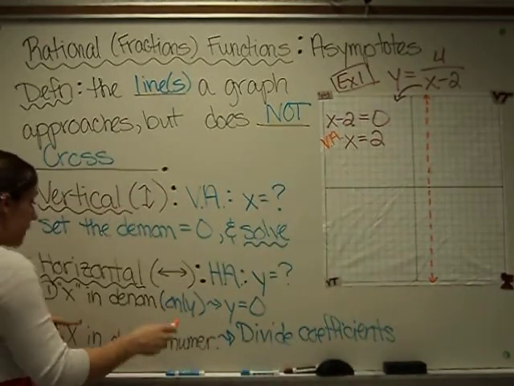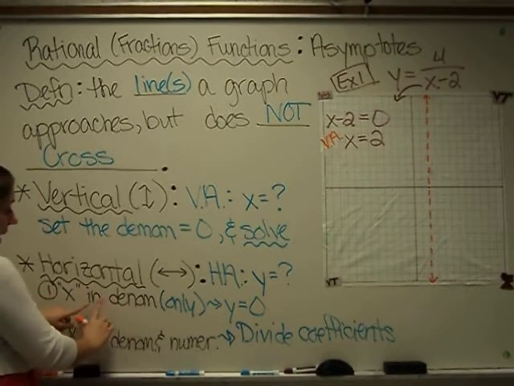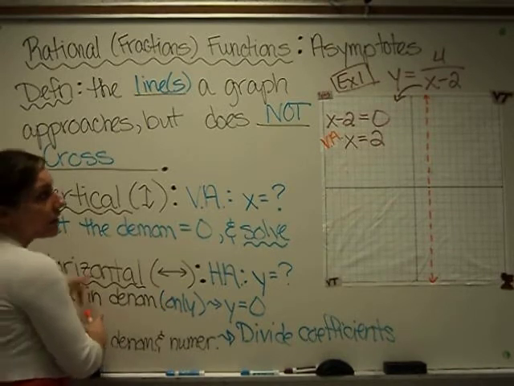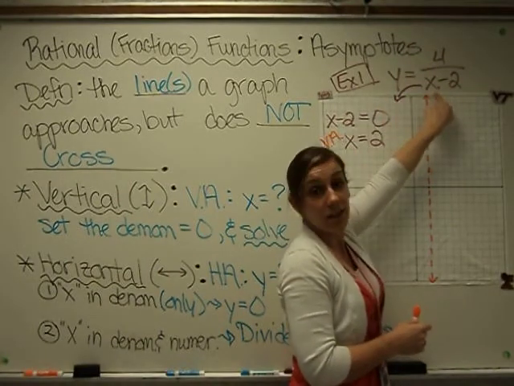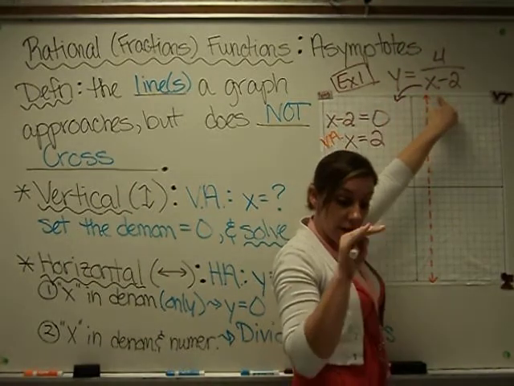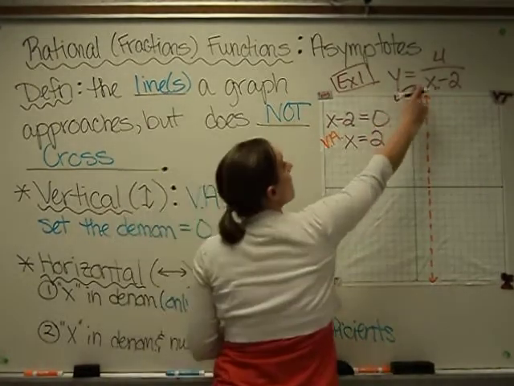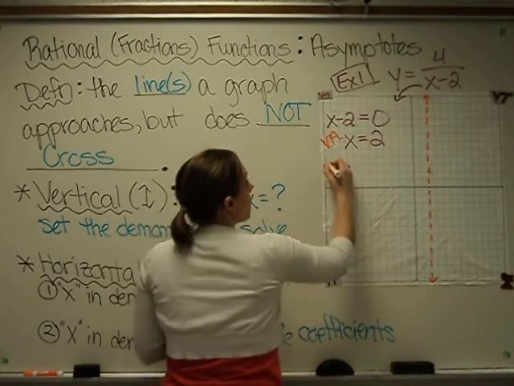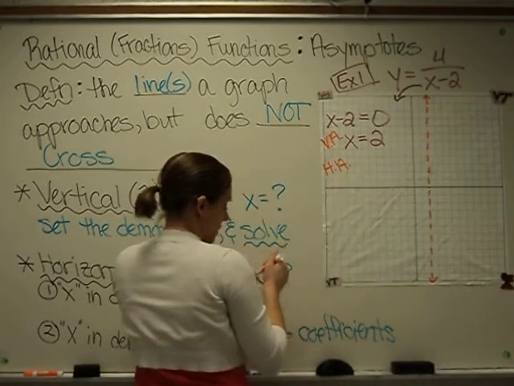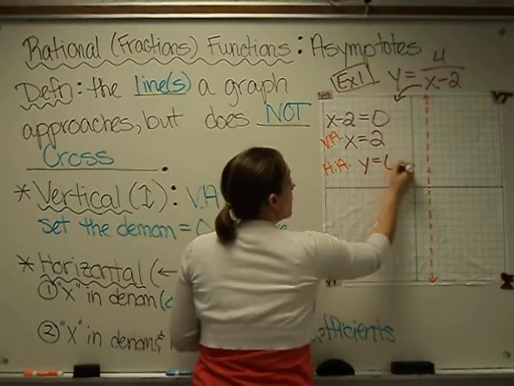All right? Then, to get our HA, our horizontal asymptote, is x only in the denominator? If you look, yes. There's not an x up here, it's only down here. So when it's only in that denominator, it makes it a lot easier. So since x is only in the denominator, the horizontal asymptote is just that y is 0.